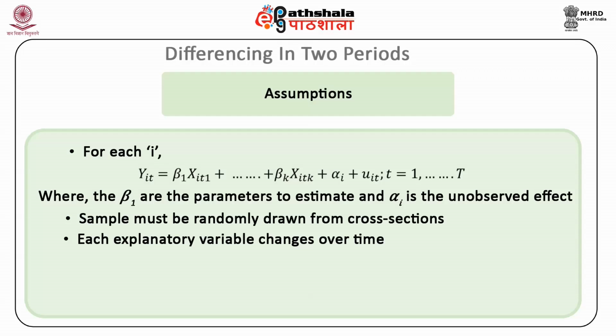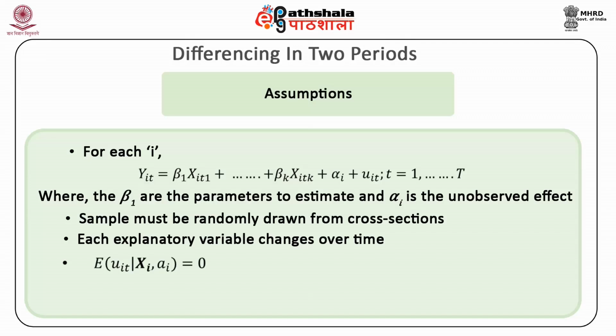Our fourth assumption is that for each t, the expected value of the idiosyncratic error given the explanatory variables in all time periods and the unobserved effect is 0. In other words, the expected value of u_it given X_i and alpha_i is equal to 0.